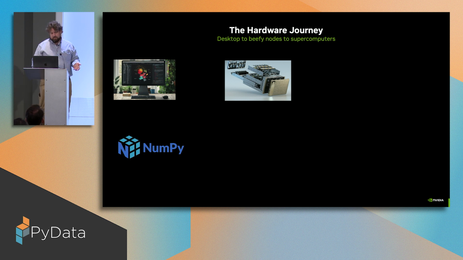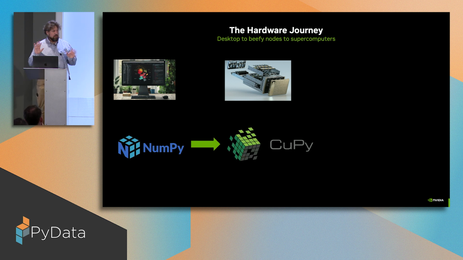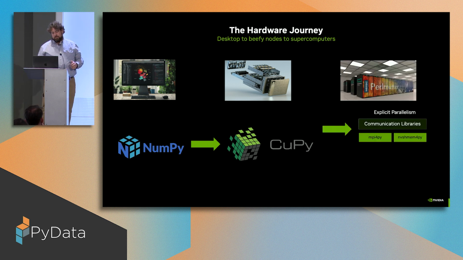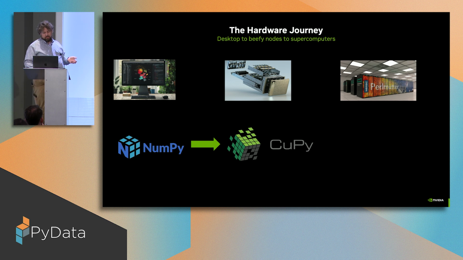And often you can make CuPy work here. It's a little bit harder, but we do certainly have codes that do that. To the clusters. And when you move to a cluster, you have to make decisions. Just like if you want to do multiprocessing in Python, you have to choose multiprocessing, threading, subinterpreters, those sorts of things.